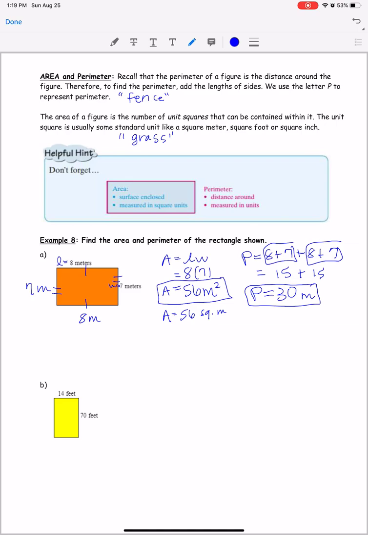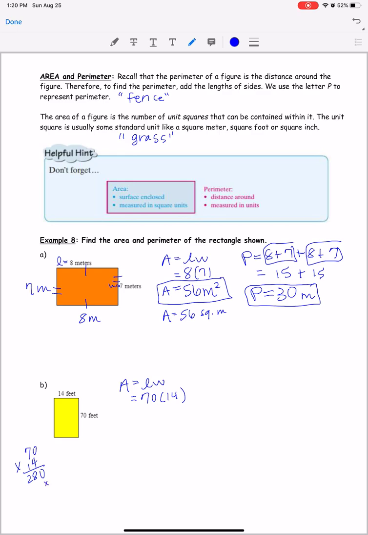B is the same thing. Area is length times width. So my length is 70 times my width of 14. So 70 times 14. 0 times 4 is 0. 7 times 4 is 28.